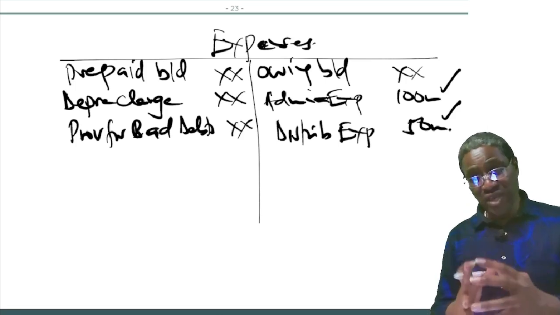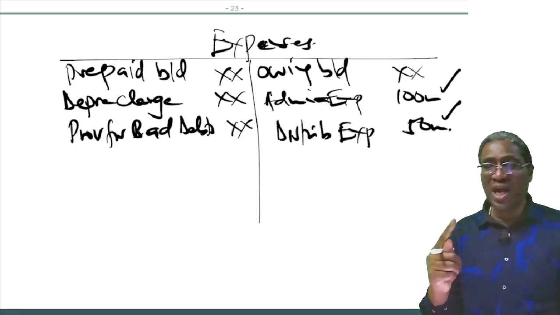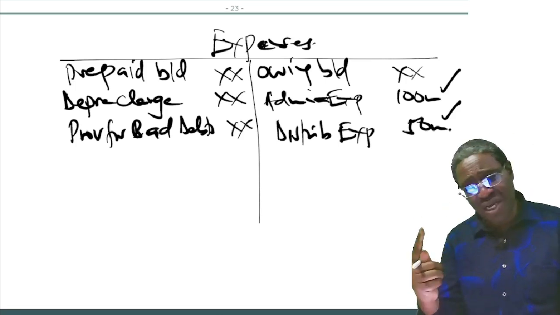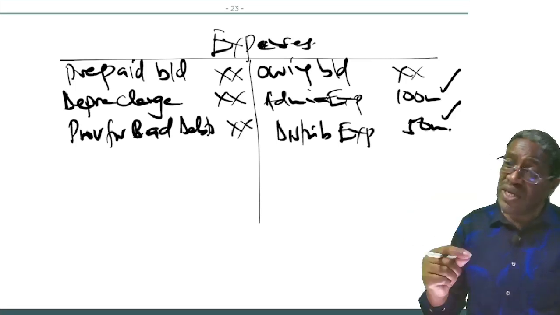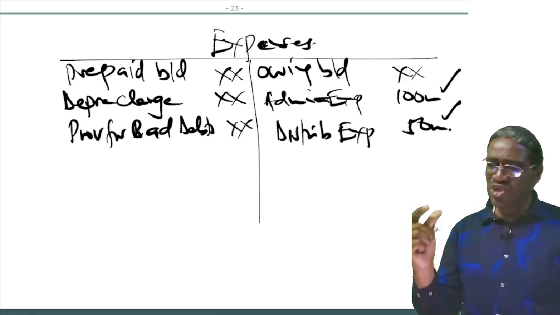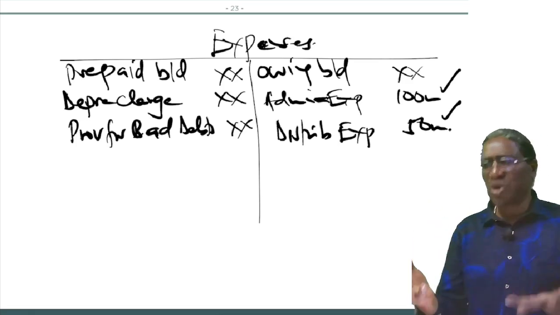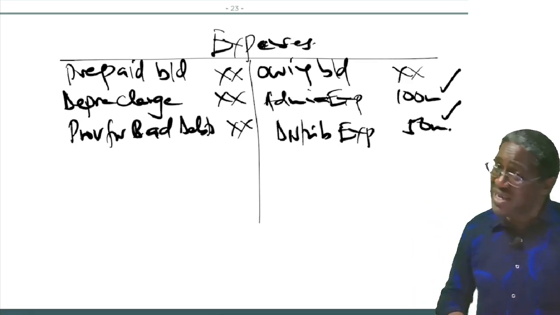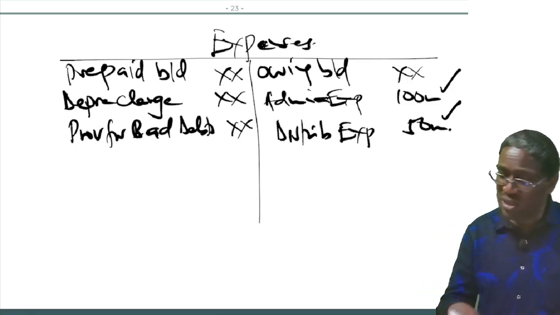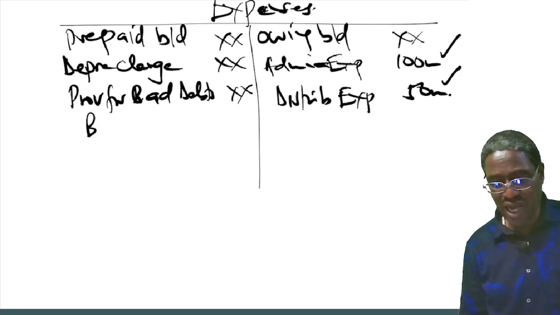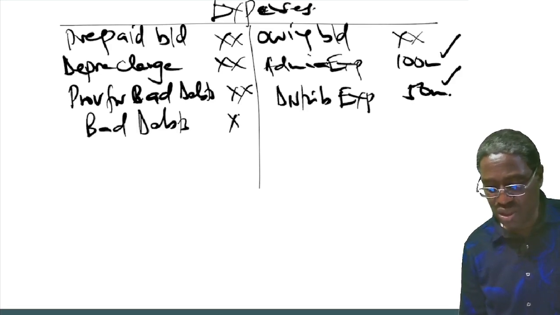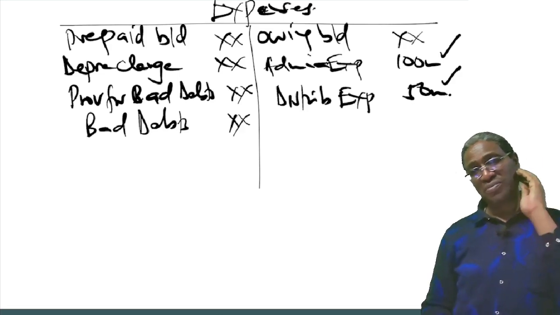Then come the end of the year, you close the account called bad debts account to the P&L account. And of course, you must have included it as a selling and distribution expense. It came because of selling. So even bad debts, not only provisions for bad debts, even the bad debts themselves are classified as non-cash items, and you charge them among the selling and distribution, therefore come and remove them.